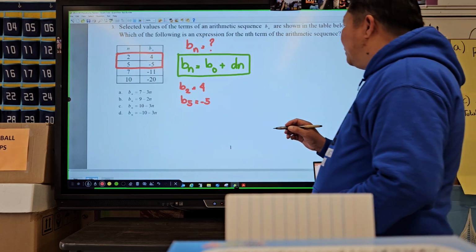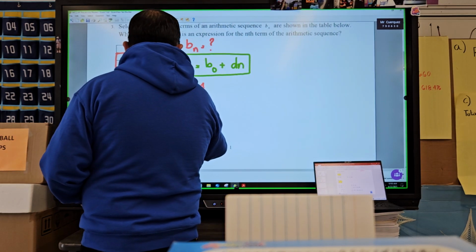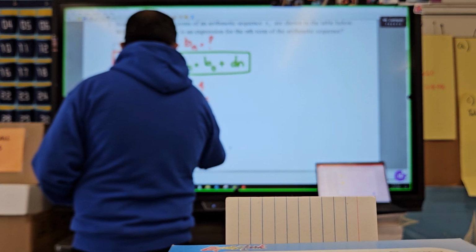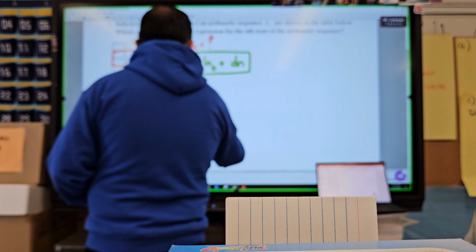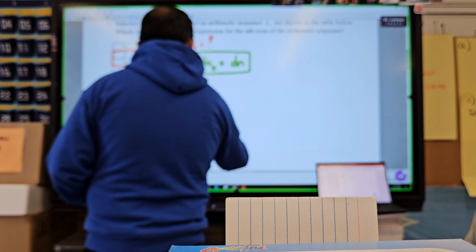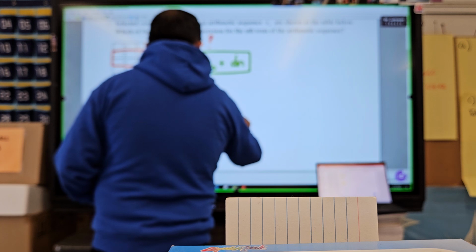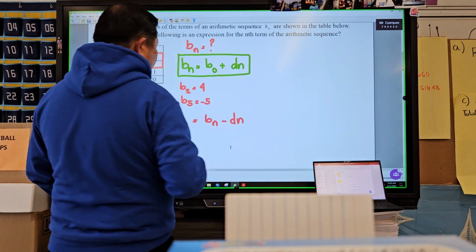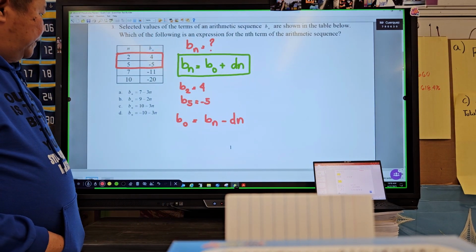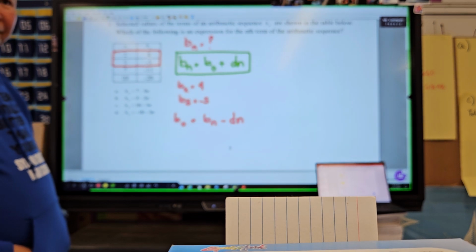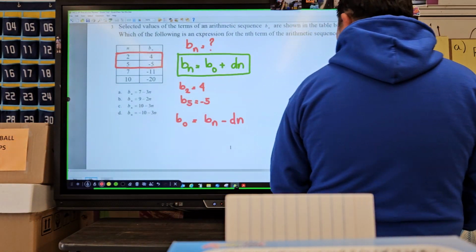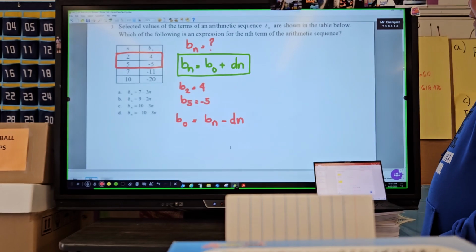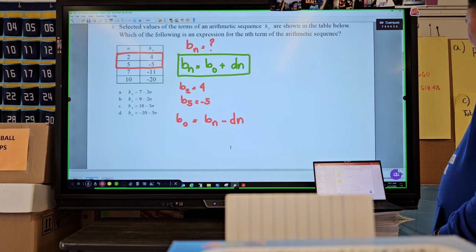Or we say b sub o is equal to b sub n minus dn. Okay? Is that clear, guys? Plus 2d, or how we write it.